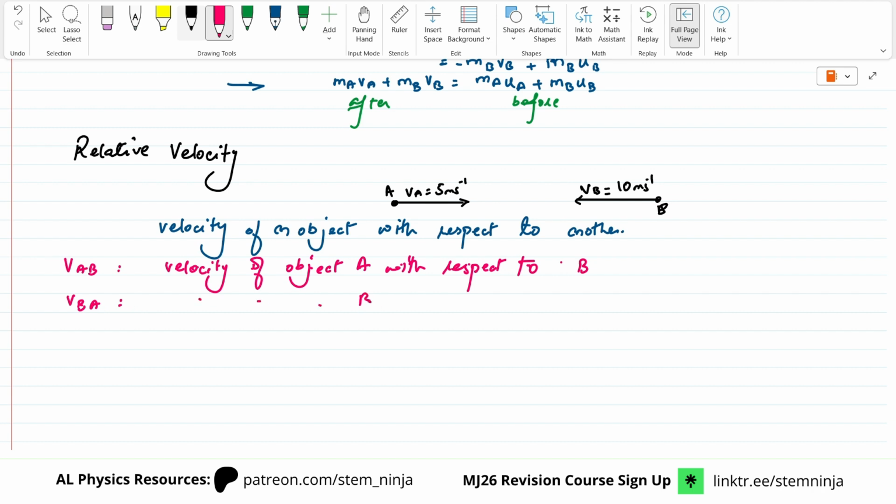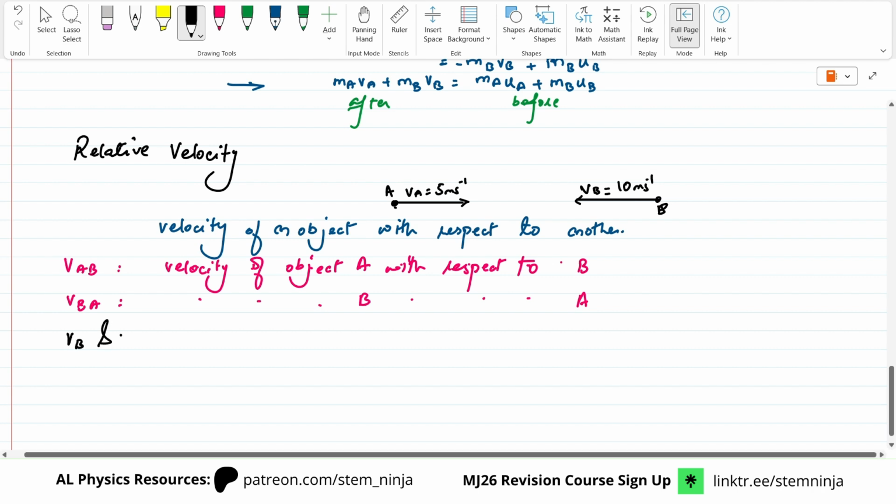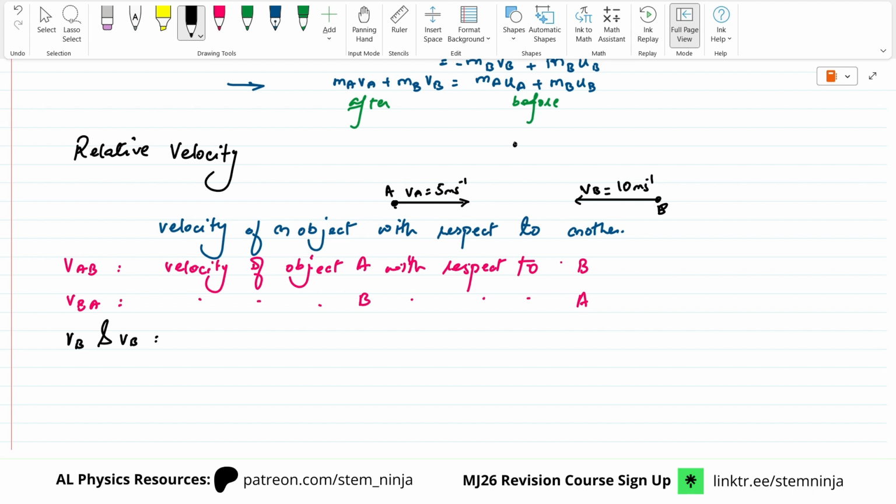Velocity of object B with respect to A. So the velocities VA and VB are basically from a stationary observer.